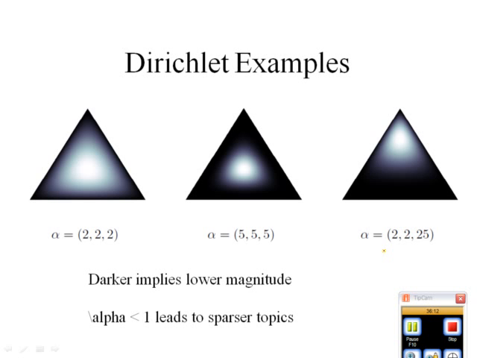You do remember that the beta distribution could look either like this, or even like this. You can think of the beta distribution essentially as a distribution over just two topics, a mixture over two topics. Now we are looking at a mixture over three topics.